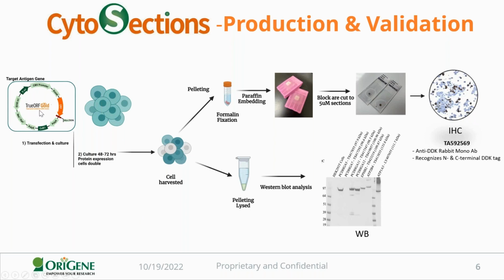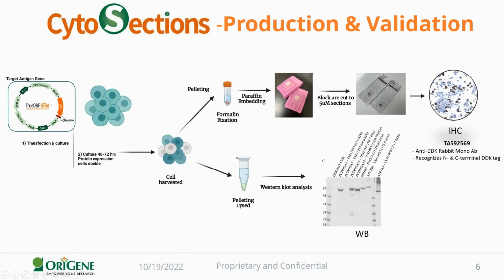What is the typical characteristic of this specific brand of clones? They are sequence verified and expression validated. In addition, they also have a MYC-DDK tag at the C terminal. One question that customers often ask is, what if I need this at the N terminal and not at the C terminal? Yes, we can do that. That will be part of our customization.